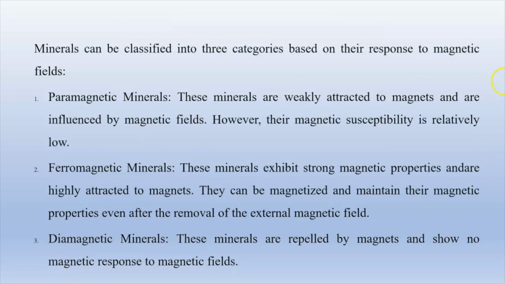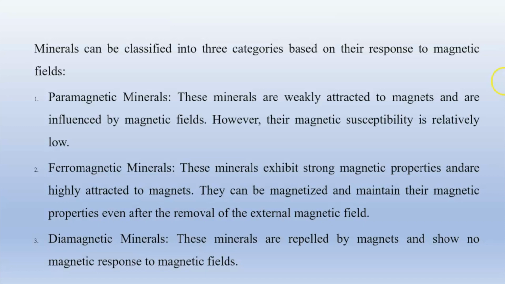The minerals can be classified into three categories based on their response to a magnetic field. They may be paramagnetic, ferromagnetic, and diamagnetic. The paramagnetic minerals are weakly attracted to the magnet and are influenced by the magnetic field. However, their magnetic susceptibility is relatively low.